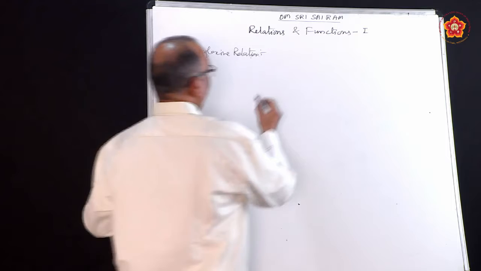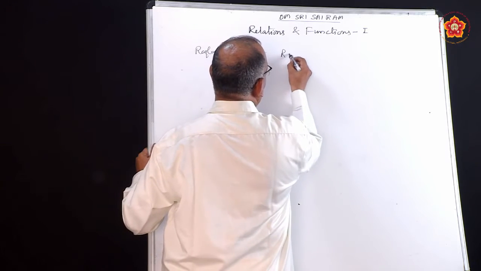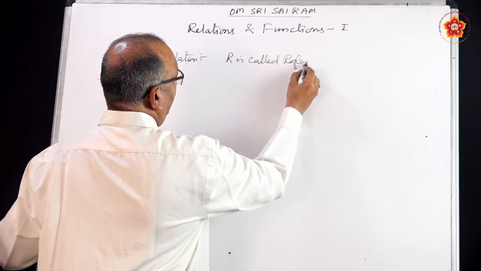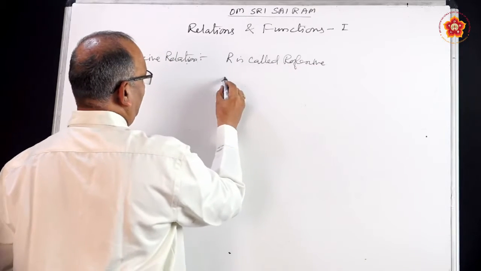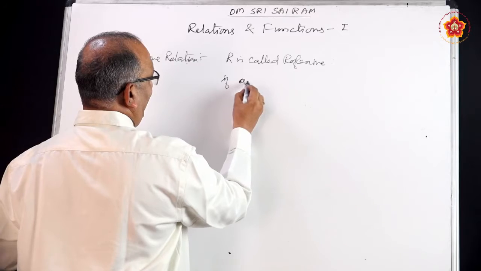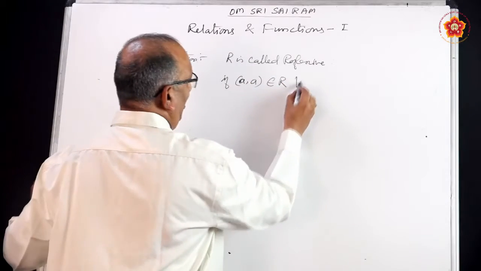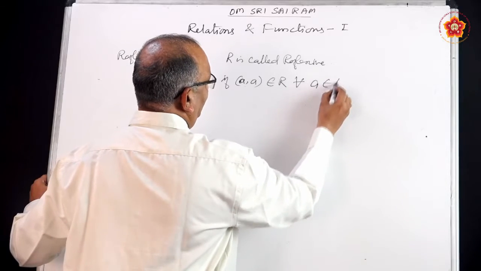So, how do you write? R is called reflexive if (a, a) belongs to R, for all a belongs to set A.